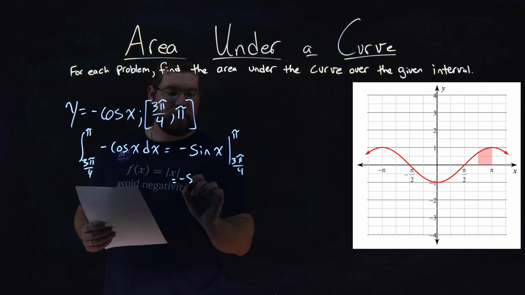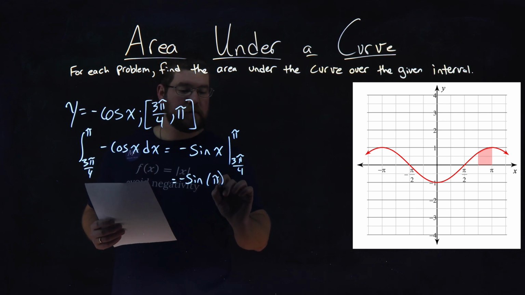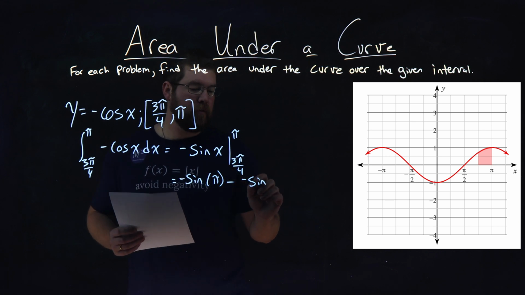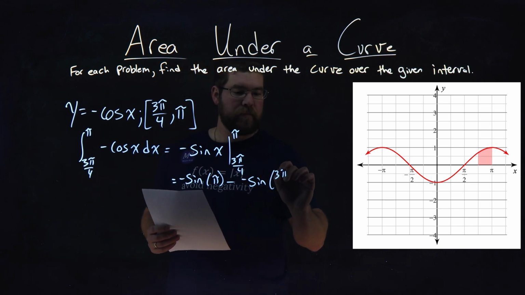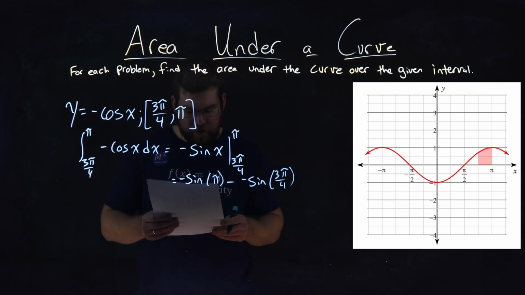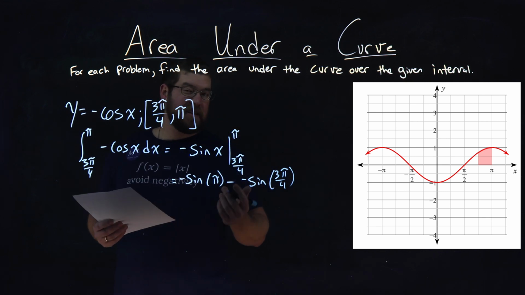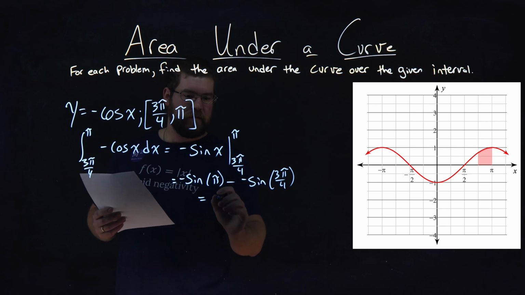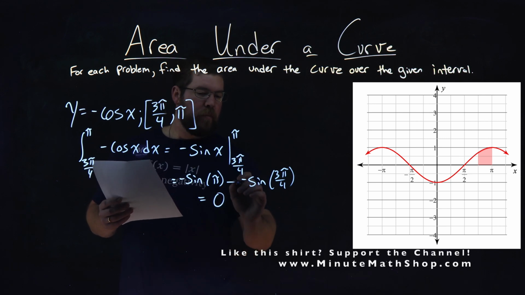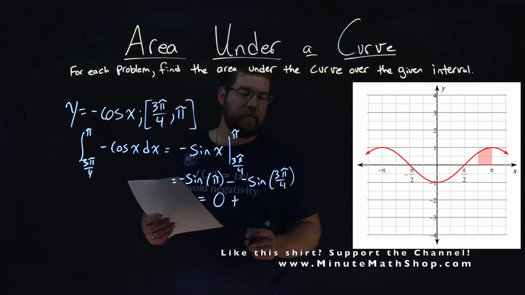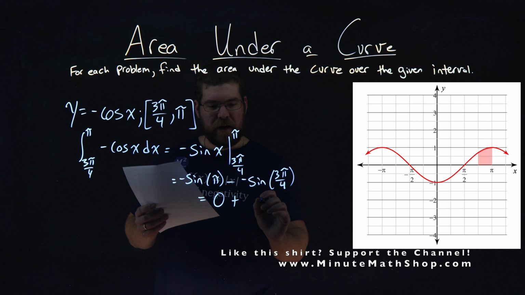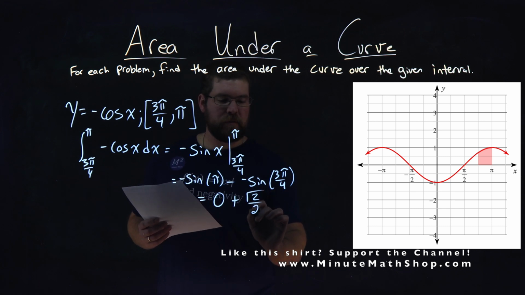So we have negative sine of pi first goes in, minus the negative sine of the first value, 3 pi over 4. Now we need to simplify this. Well, negative sine of pi is just a negative 0, or 0, right? Minus a negative is like adding, so we add here, and sine of 3 pi over 4 is square root of 2 over 2.